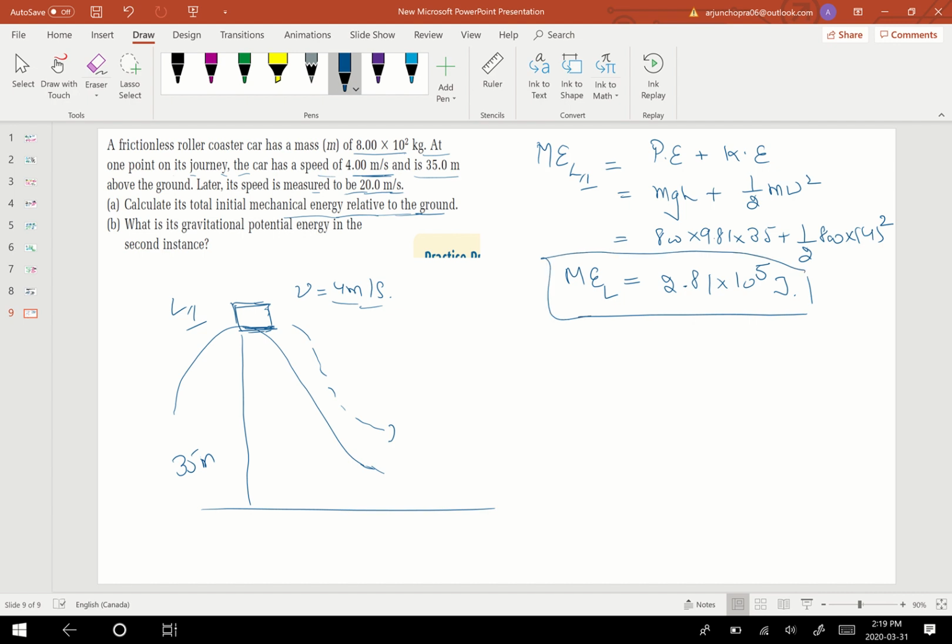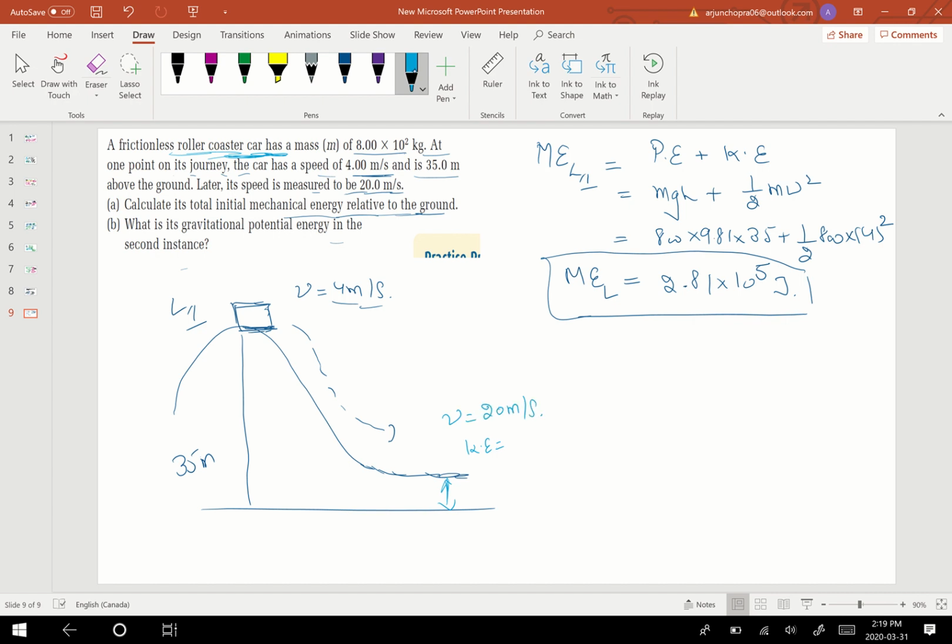Then I want to find the gravitational potential energy in the second instance. At the second instance, we've said that this is an isolated system because it's a frictionless roller coaster. At this location, somewhere here, we're not given the kinetic energy, but we are given the speed, which is 20 meters per second.